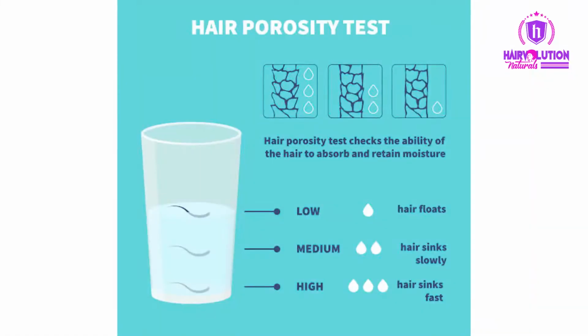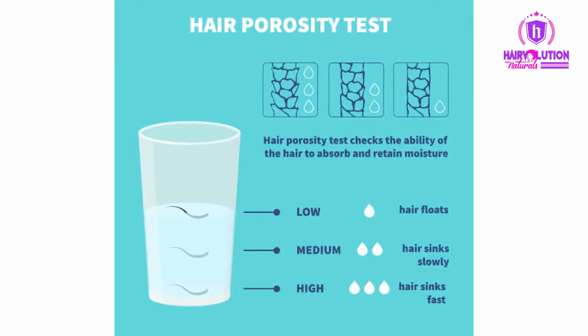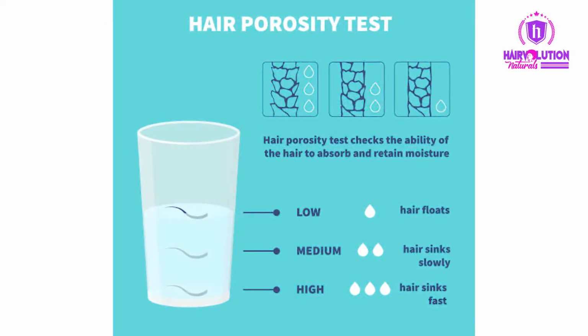So now that I've established that background with soil, which most people are familiar with, let me now relate it to hair porosity. High porosity hair, medium porosity, and low porosity are basically like that: sandy, loam, and clay. If you have high porosity hair, it means that your hair will just easily absorb moisture really fast.